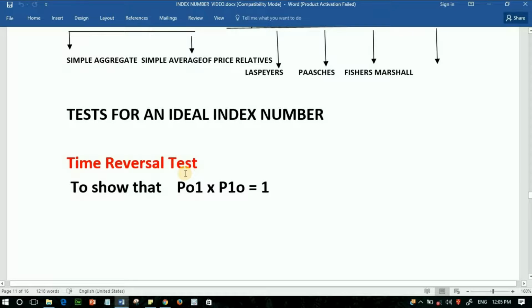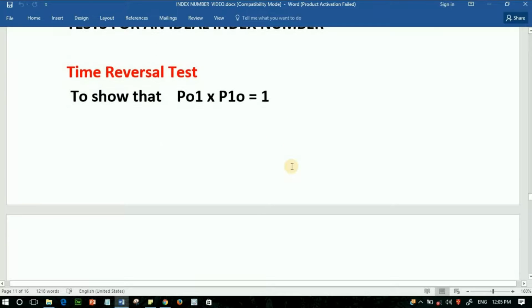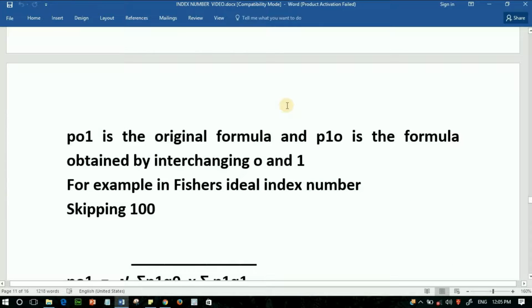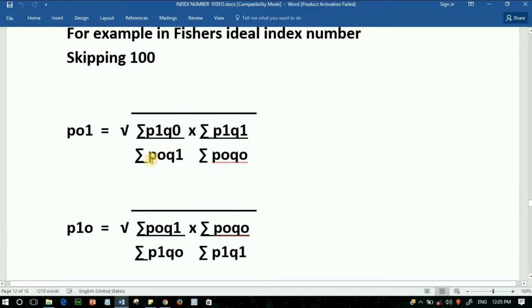For that purpose, mainly there are two tests: the time reversal test and the factor reversal test. The time reversal test implies that P01 × P10 = 1. P01 is the original formula, and interchanging 1 and 0, we get P10. For example, we apply this to Fisher's ideal index number. P01 = √[(Σ P1 Q0 / Σ P0 Q0) × (Σ P1 Q1 / Σ P0 Q1)].